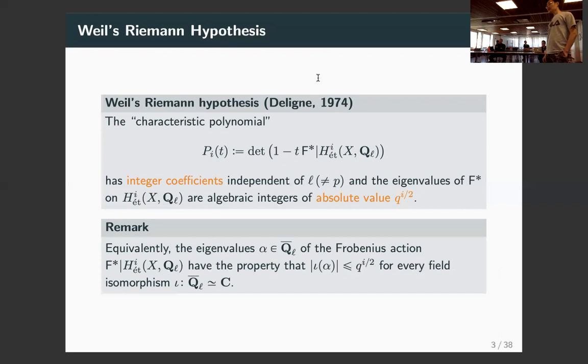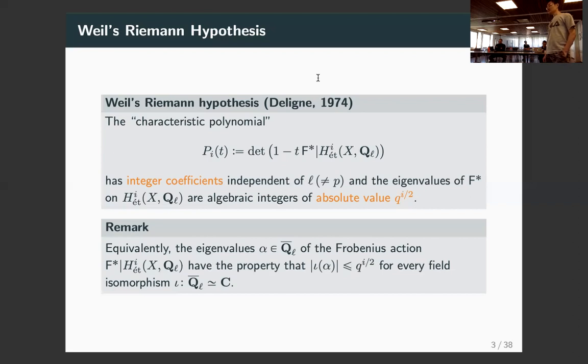So actually there are three parts: the integrality part, the weight part, and also an independence part. But here we only talk about two: the integer coefficients and the absolute value. So here is a remark. This statement is equivalent to the following.